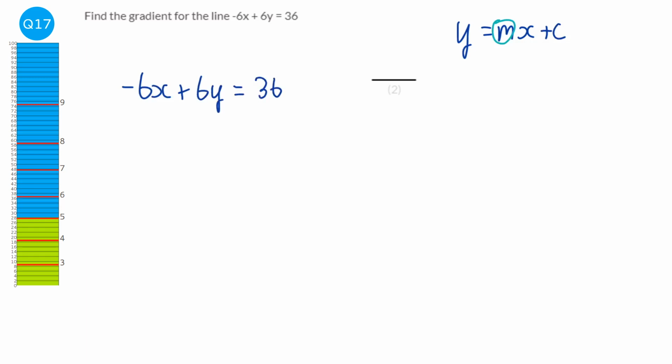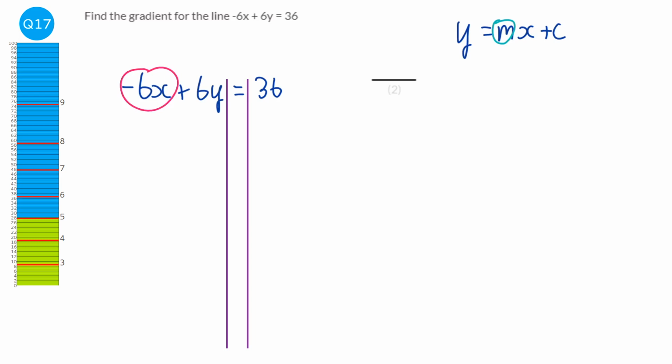And so I'll get my lines in. So the first thing I'm going to do is get rid of the x's from the left hand side, and we can do that by adding 6x both sides. So we've got 6y equals, and I'm going to put the 6x first just to match the y equals mx plus c.